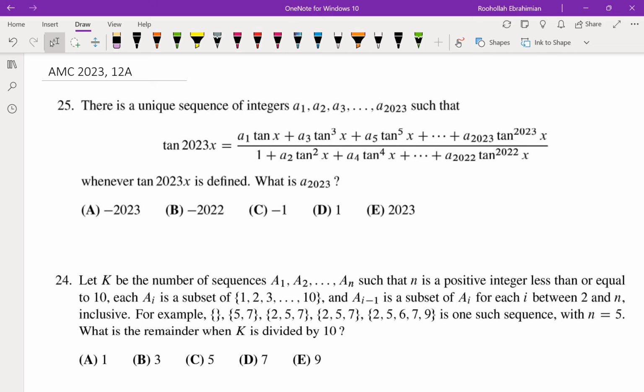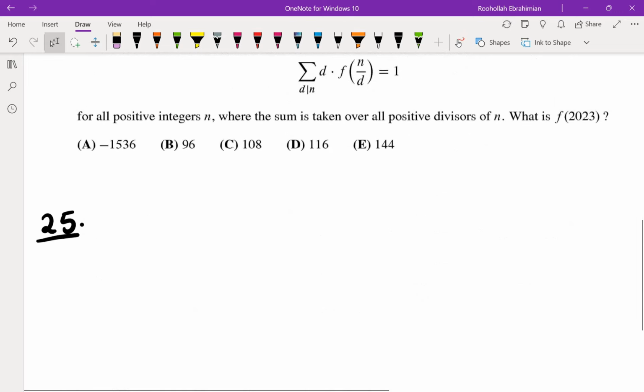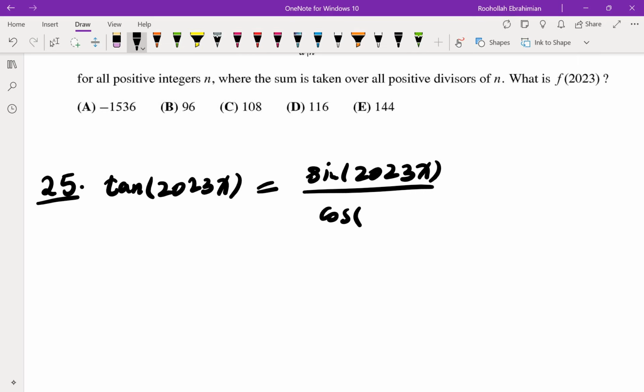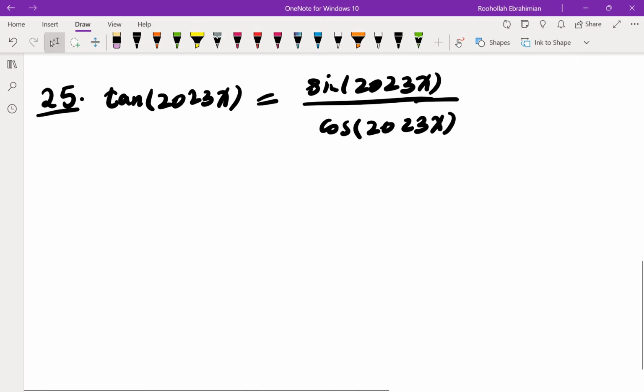As we have discussed in this channel, whenever we're dealing with trig functions, one of the best strategies is to use complex numbers. So let's look at tangent of 2023x. This is sine of 2023x divided by cosine of 2023x. Both of these can be evaluated using e to the power of i theta.